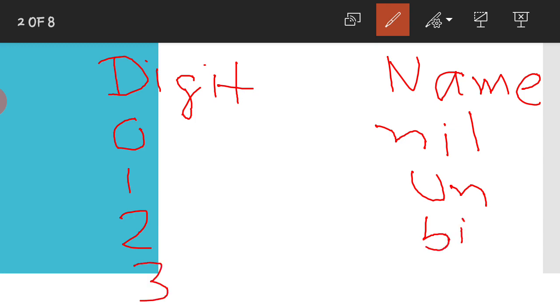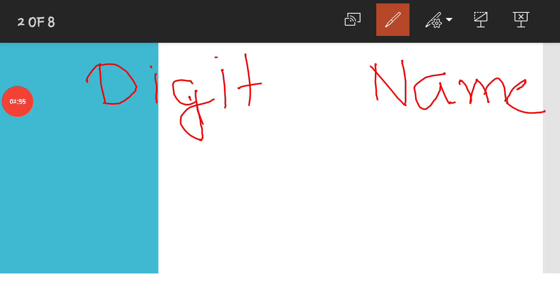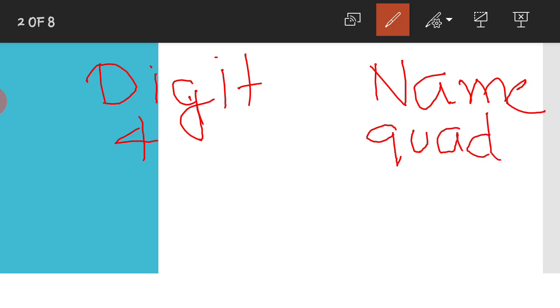Digit 3, name tri. Digit 4, name quad. Digit 5, name pent.